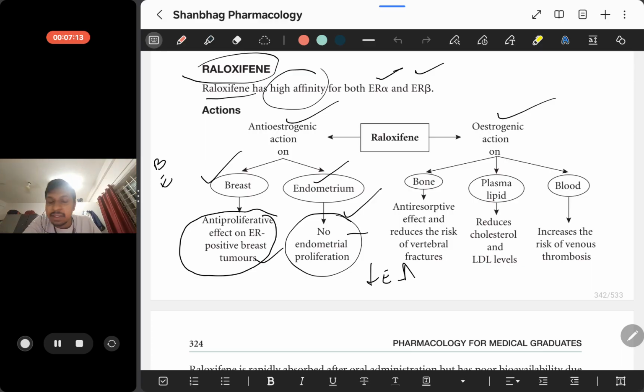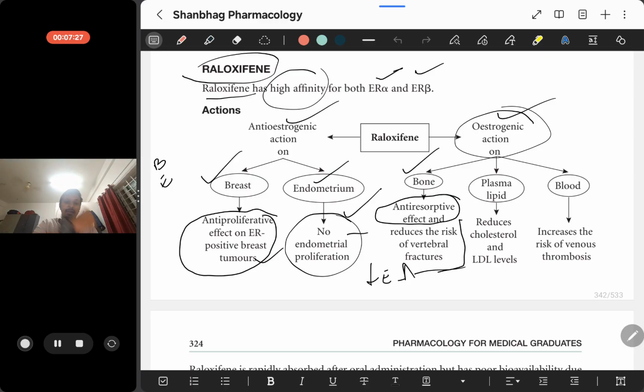Now let us see the estrogenic action, here on the bone. The anti-resorptive effect is more, and hence it reduces the risk of vertebral fractures. When there is resorption, the calcium level of the bone decreases. Since there is an anti-resorption effect, it prevents fractures.